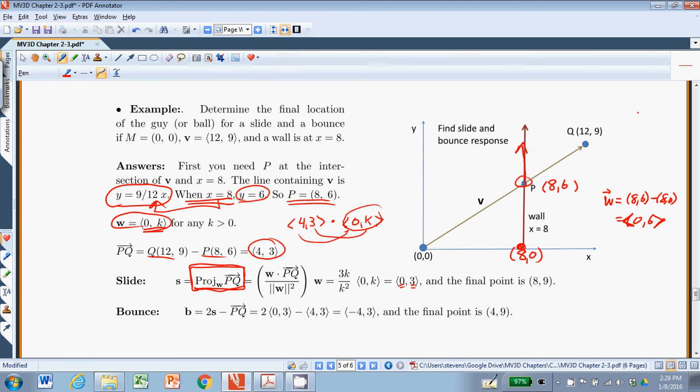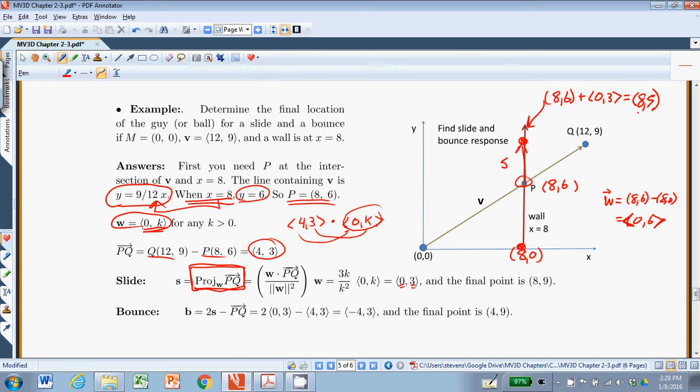Right, so the slide vector, S, is 0, 3. But to actually get the point, I have to take my collision point, 8, 6, and add the slide vector, which is 0, 3, and I'll express that as a point, which is 8, 9.